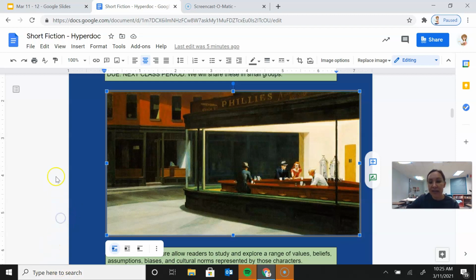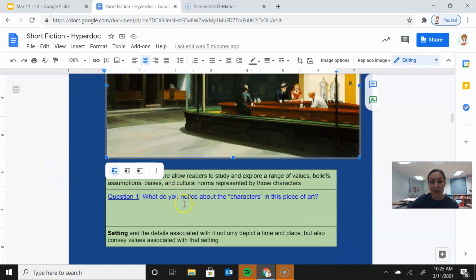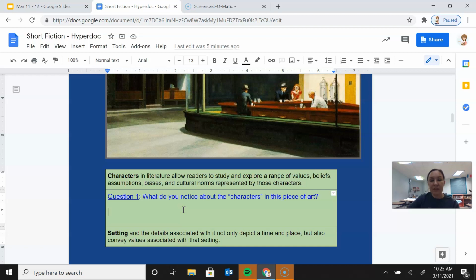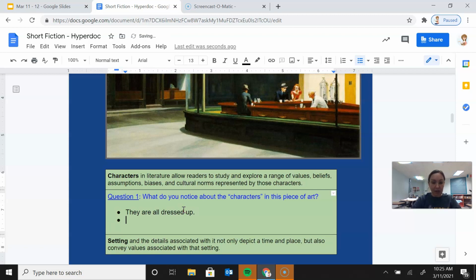So just knowing what we know and seeing what we see, I asked you to answer these questions. Something you might have put for what do you notice about the characters might have been: they're all dressed up. They look nice. They look like they're coming from somewhere.